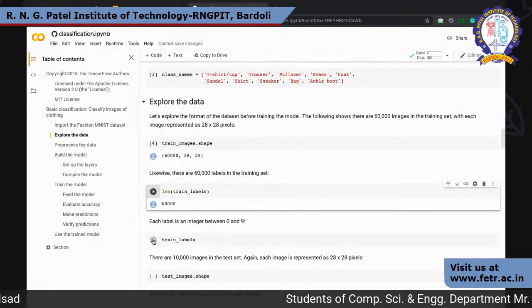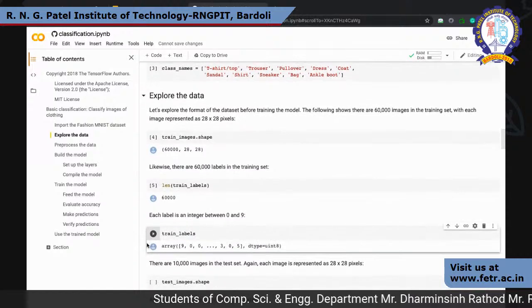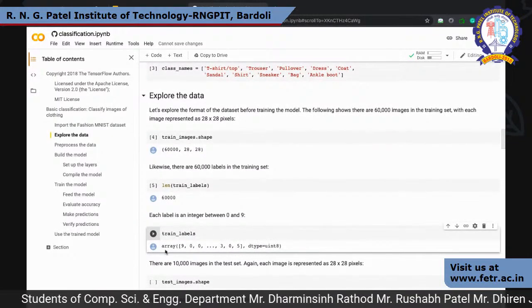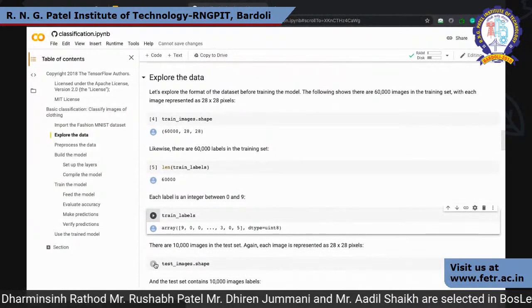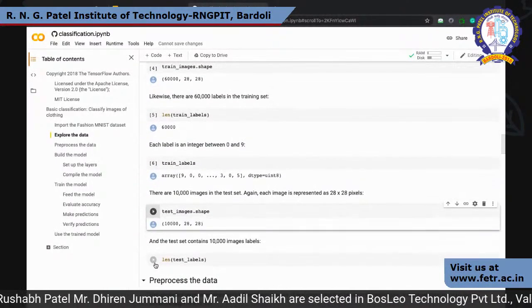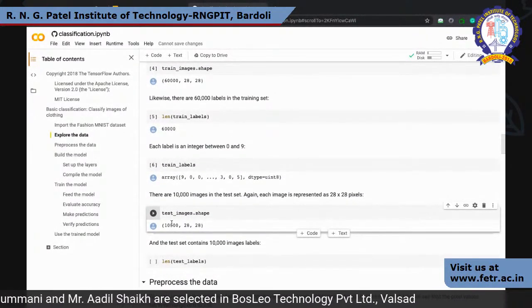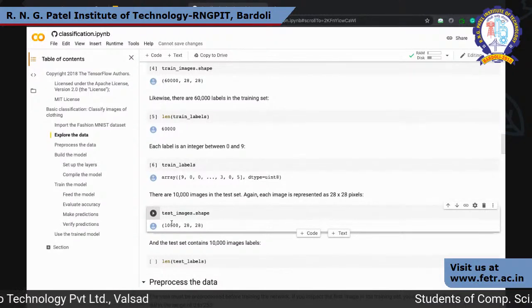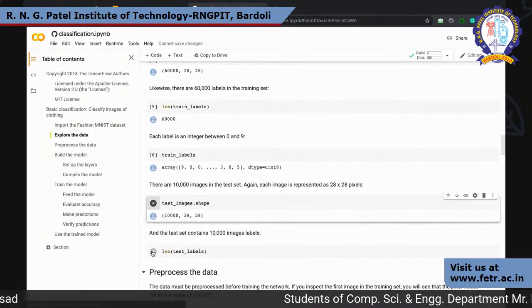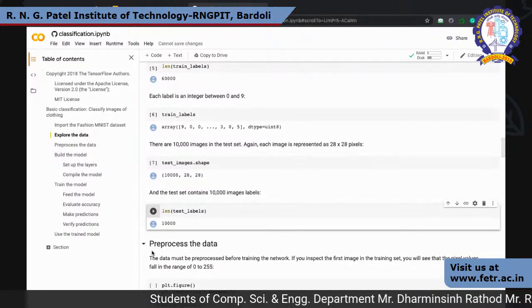The train labels are an array, basically a vector in a single dimension. Then the test images: we had the whole 70,000 data set, which we divided into 60,000 training images and 10,000 testing images, and then 10,000 labels as well.